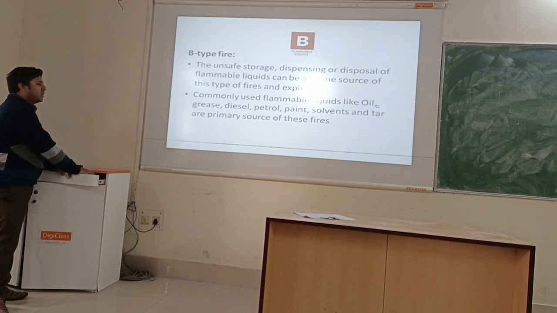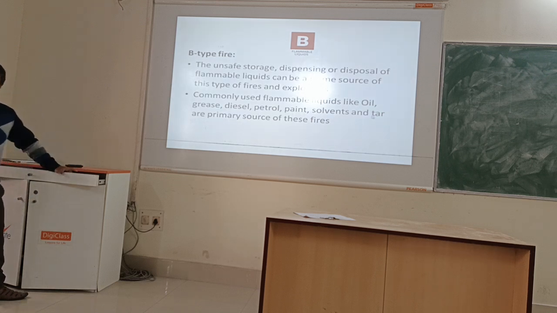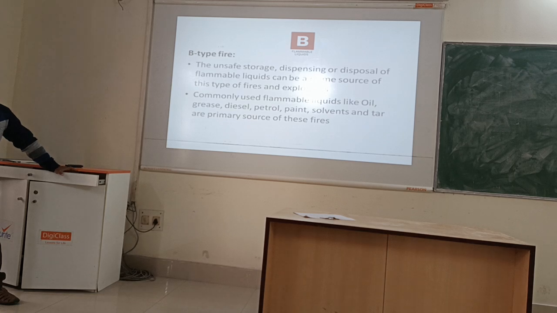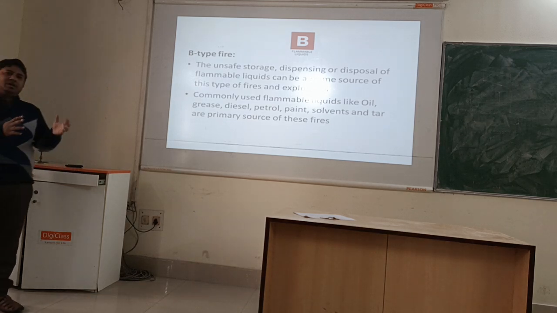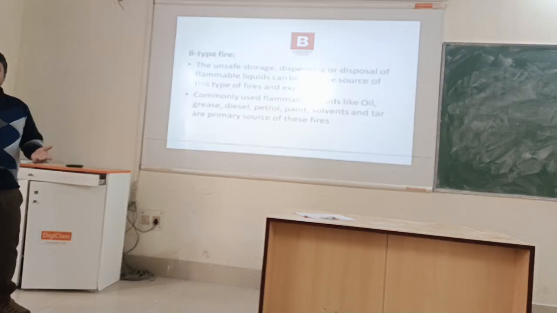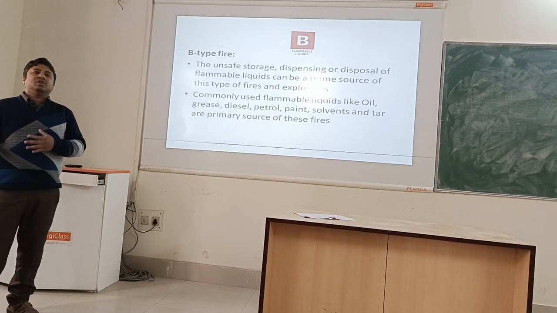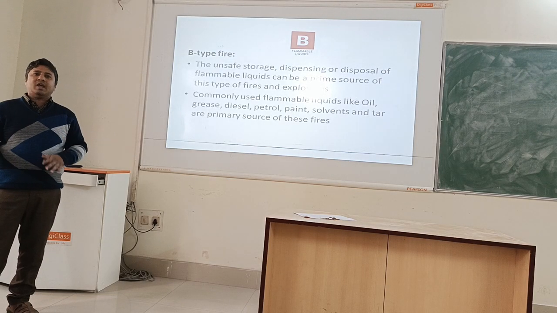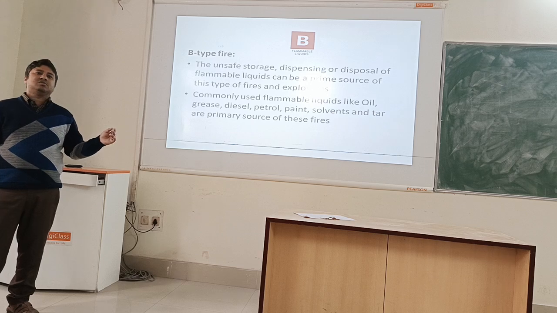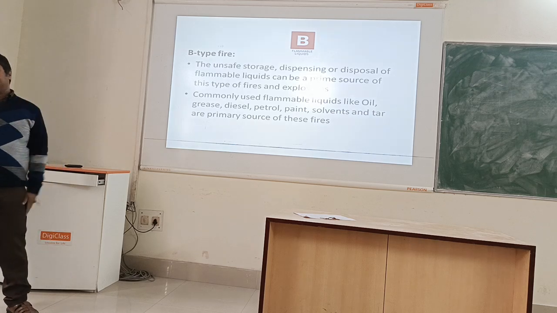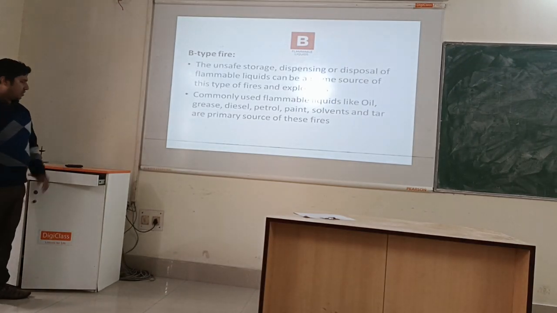Some commonly found liquids are oil, grease, diesel, petrol, then petrol solvents, tar. These are also a primary source of catching fire. So all these materials, which are not generally used in the household but are kept in the house in the form of illegal storage, which should not actually be done, like keeping your diesel, petrol, that type of fire falls into the B category.